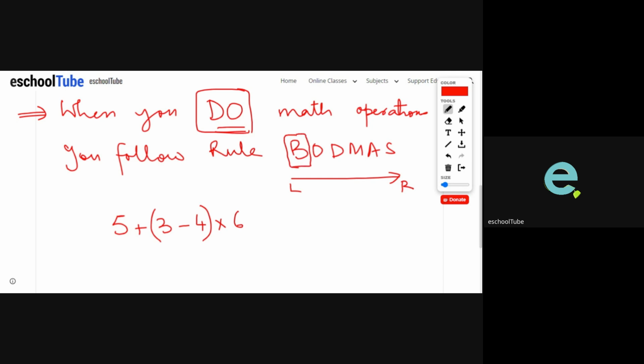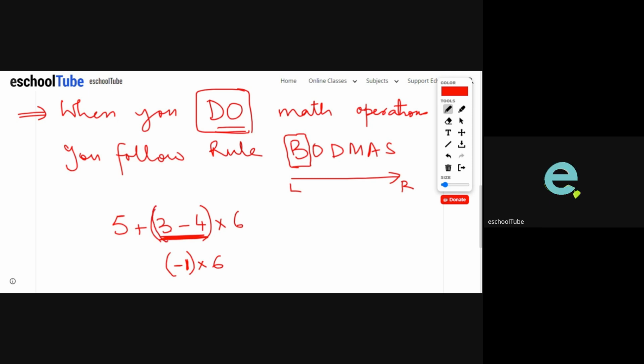That means first you have to solve this portion. So 3 minus 4 is how much? It is -1. So you write -1, multiplied by 6.